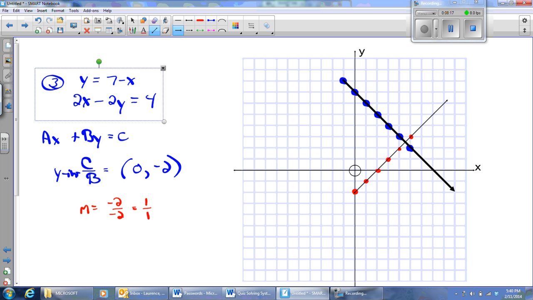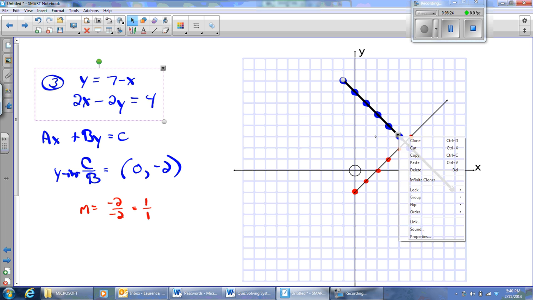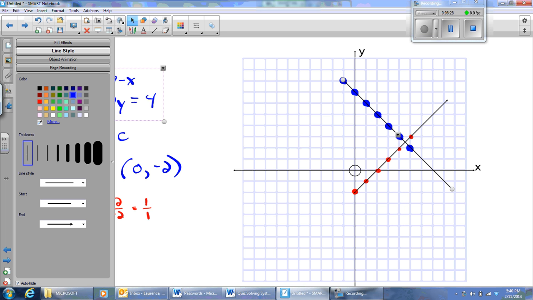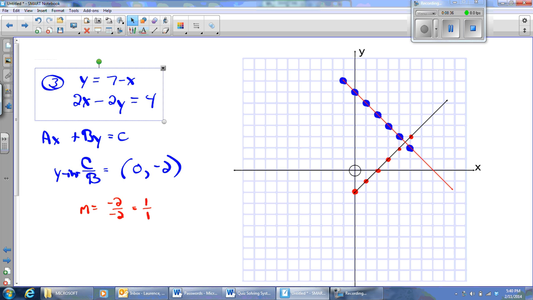And we're going to make him the same thickness so that we're comparing apples to apples. All right. Let's see, make him nice and thin. We'll make him a different color. And we'll put an arrowhead on him like that. And there we go.